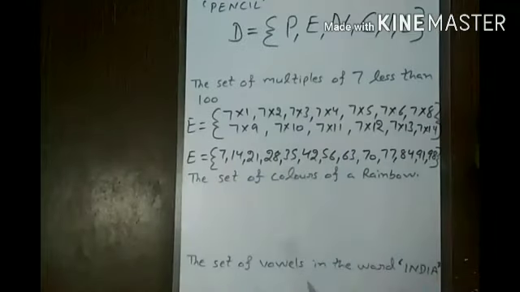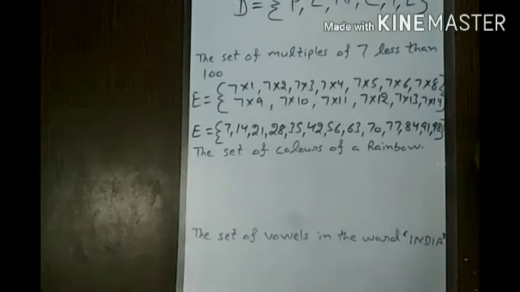Now the set of colors in a rainbow. Now you know a rainbow has 7 colors. We have to write the names of those colors. As we know, all the colors in the rainbow are different. So I will write the names in the braces.